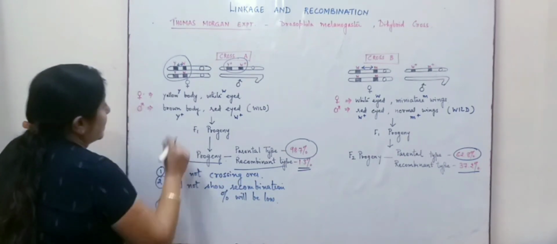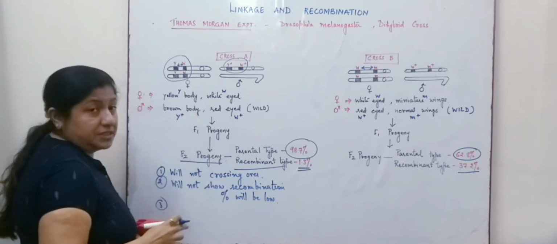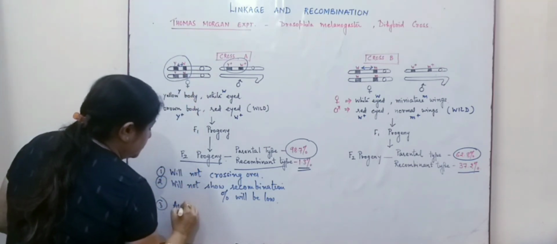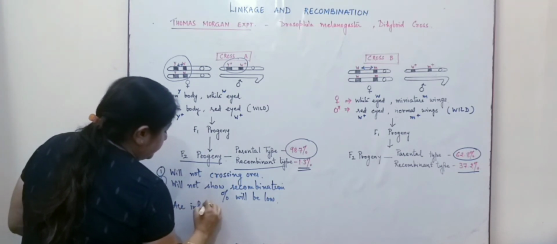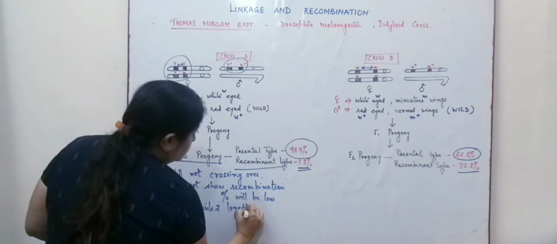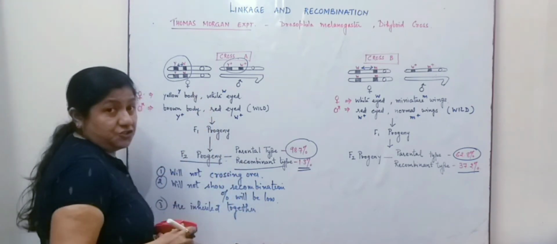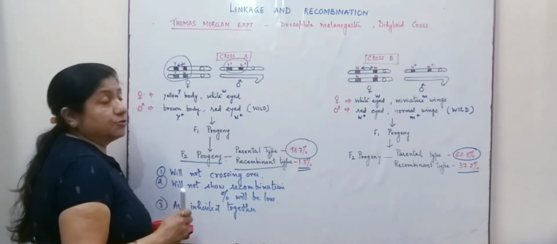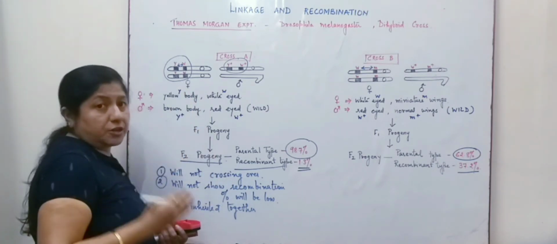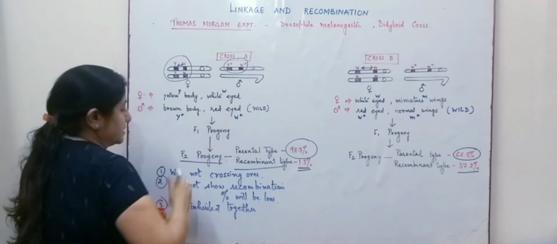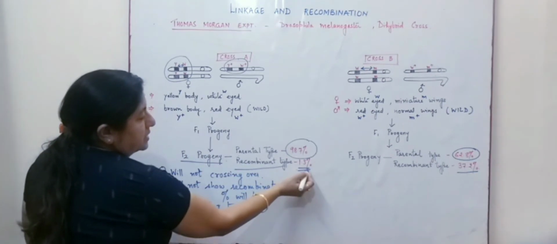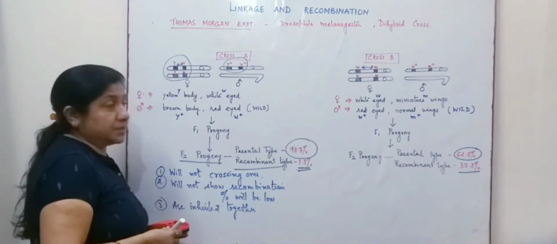These genes are said to be linked genes because these two genes are inherited together in cross A. These two genes show more linkage as they will not allow crossing over, thereby reducing the frequency of recombination, and as a result we do not see much variation and the recombinant type is only 1.3%.